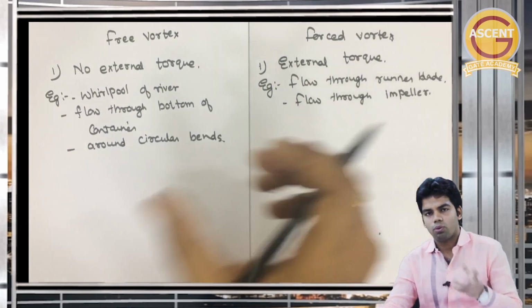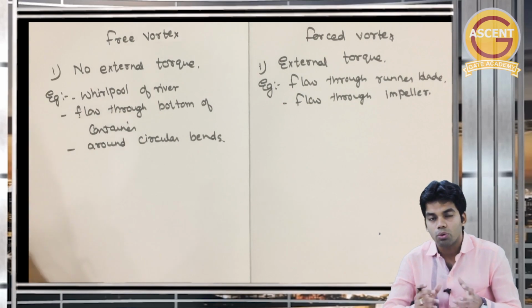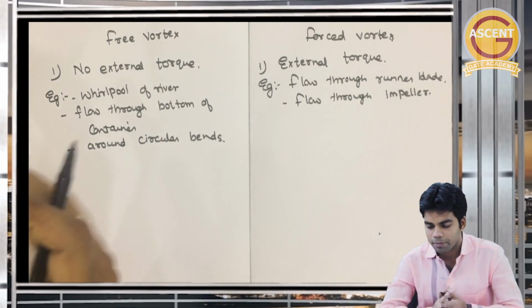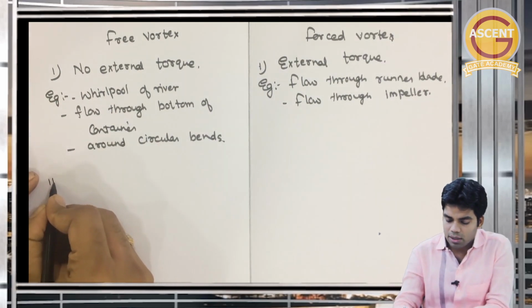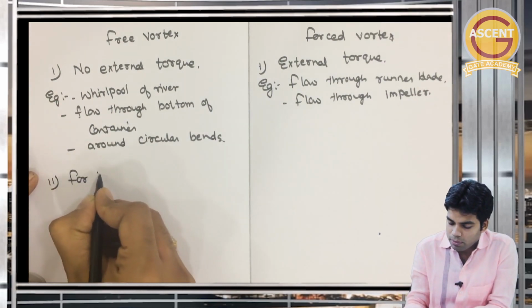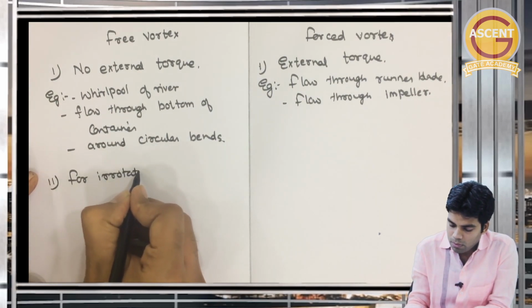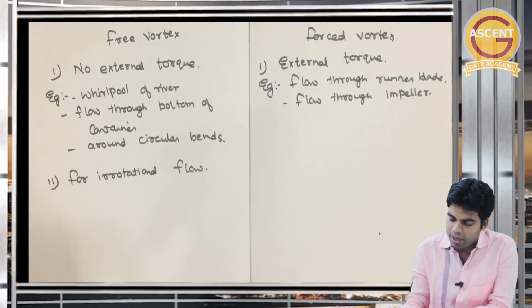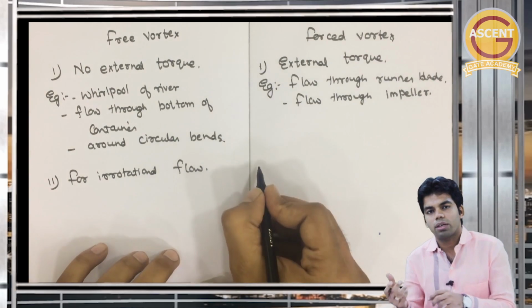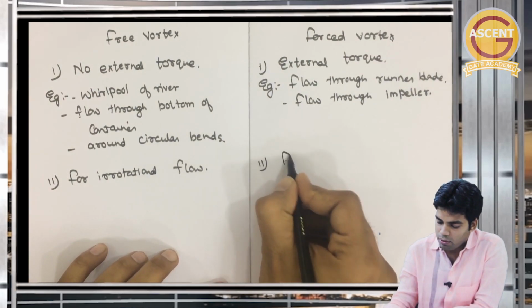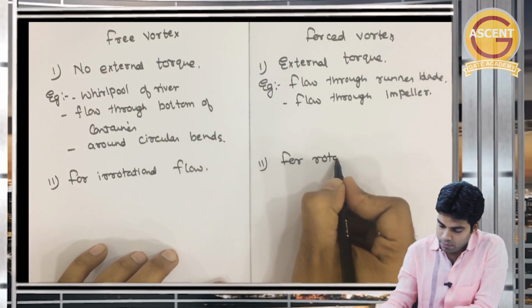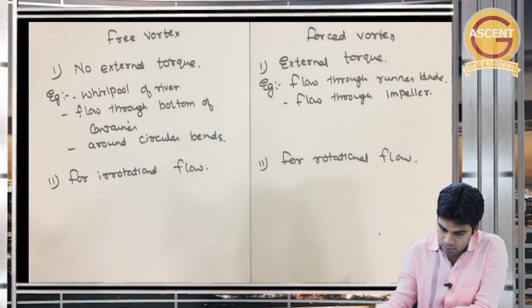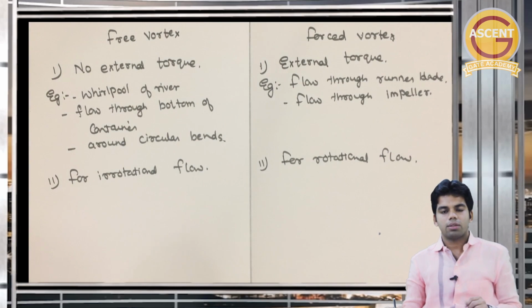That means the external force is applied in order to produce the vortex, that is known as forced vortex, and free vortex is produced naturally. Second difference, as I told you, this is for irrotational flow, that means the fluid is not rotating about its own mass center, and this is for rotational flow. Getting this or not? Okay.